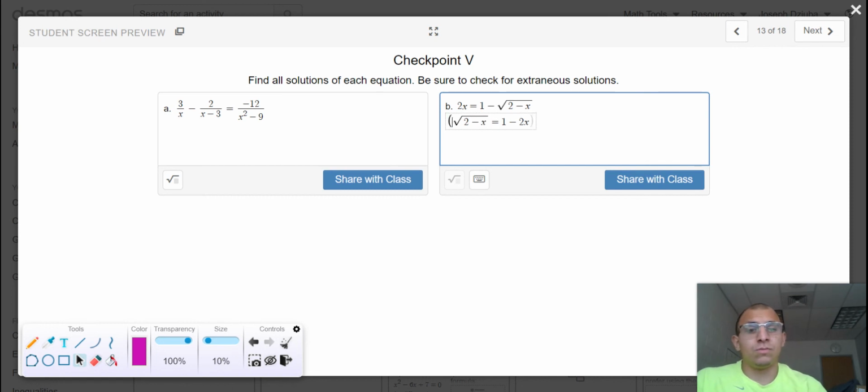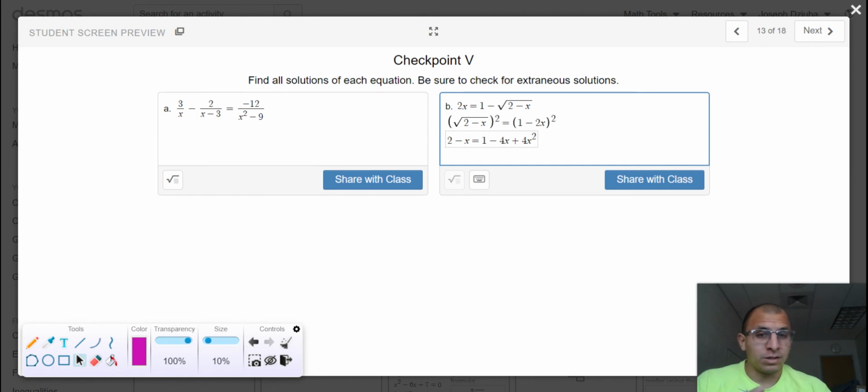Now to undo algebraically a radical expression, we would want to raise it to the second power. However, we reinforced that whatever we do to one side of the equation, we should do to the other. I'm skipping a lot of the work here, but the radical and the exponent will undo each other, and I'll be left with 2 minus x equals, and I would offer you to expand this expression using the area model, 1 minus 4x plus 4x squared.